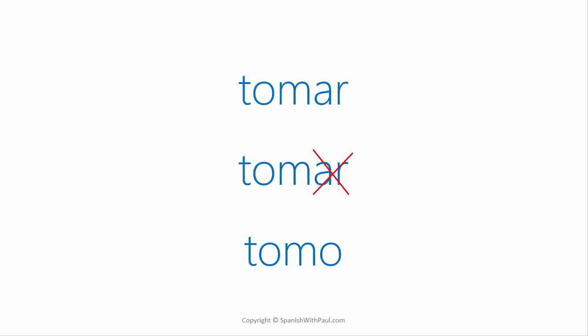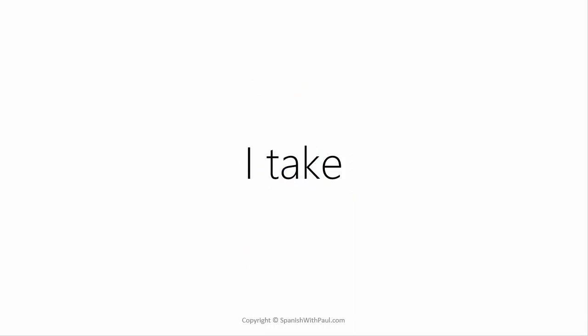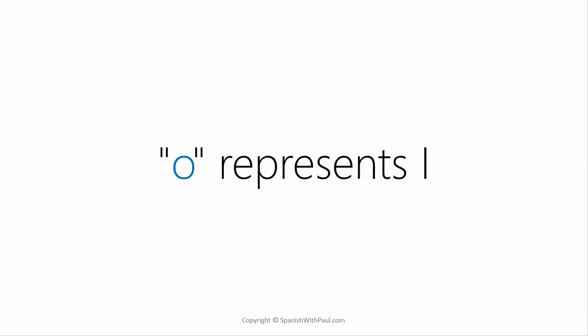And remember before we went through how Spanish verbs end in AR, ER, or IR without exception. So here we're crossing off that category ending of AR and replacing it with an O. So I take would be tomo. The O at the end represents I.